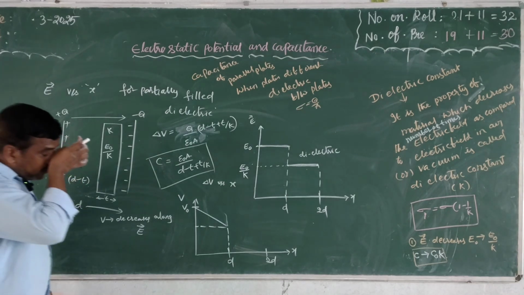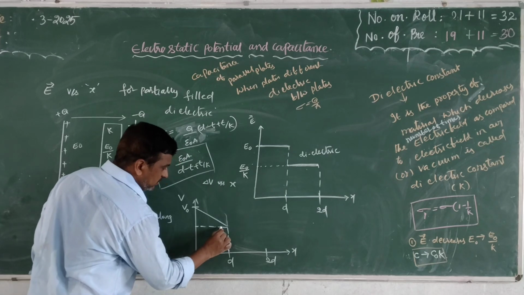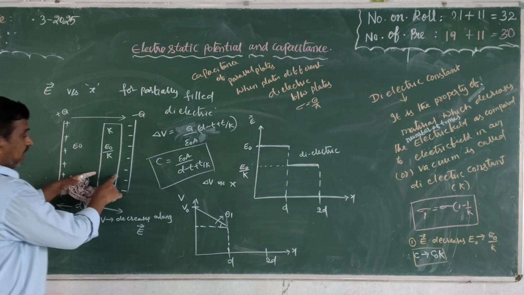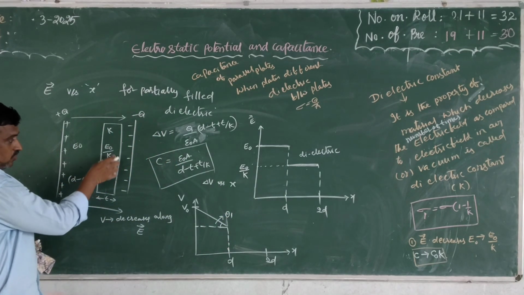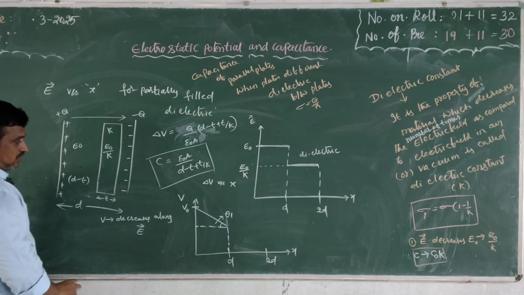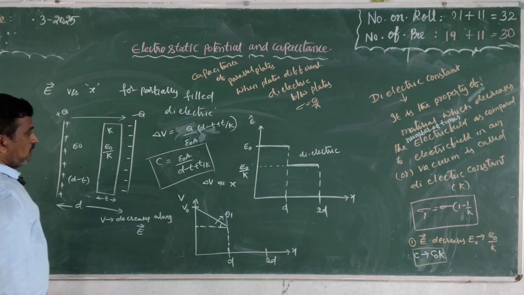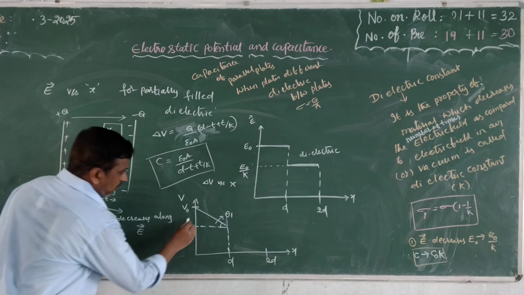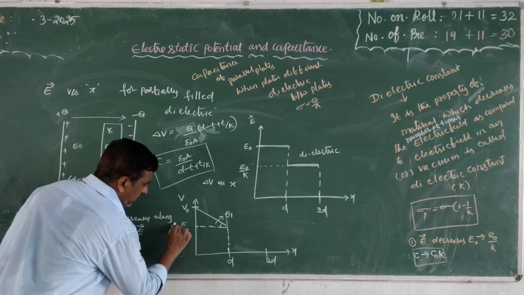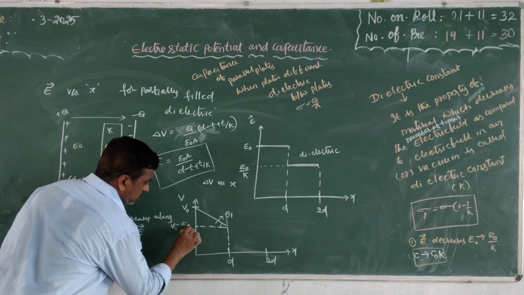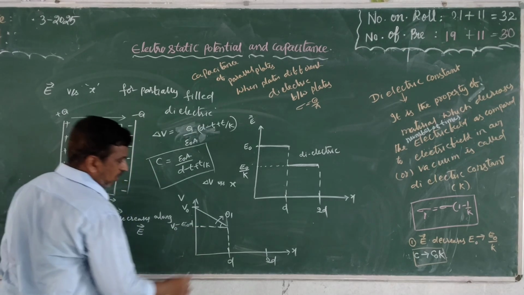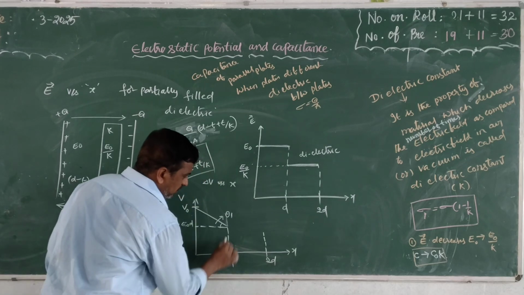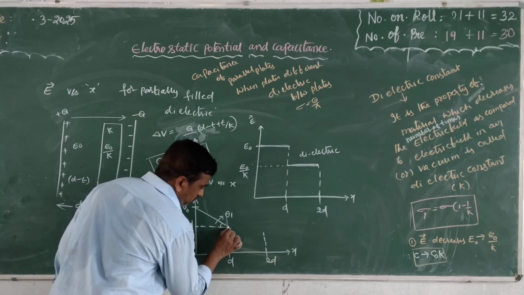What is the change in potential there? After that the dielectric is placed, so the potential changes here too: E naught by K into D. After that, the potential changes less, since the electric field is less there.